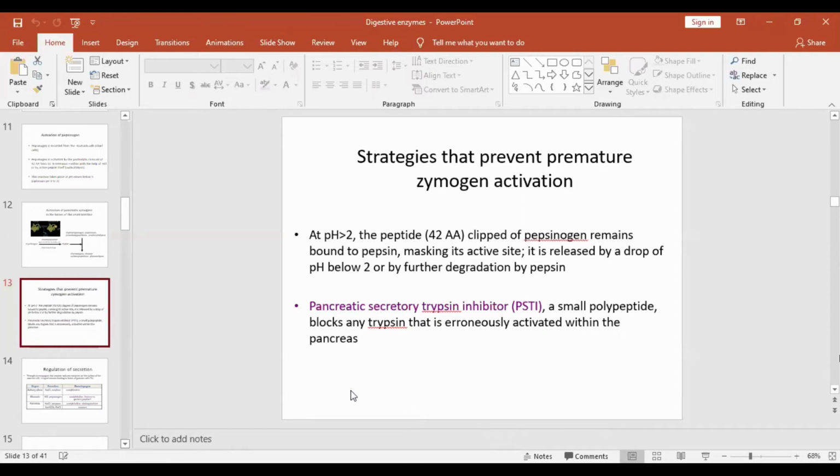It must get activated at its point of action, where it has to perform its work. So what prevents premature zymogen activation is, first, synthesis in large form, where a certain part masks the active site, and second, if trypsin is activated by error, the pancreatic secretory trypsin inhibitor, PSTI, a small polypeptide, blocks the trypsin in the pancreas.